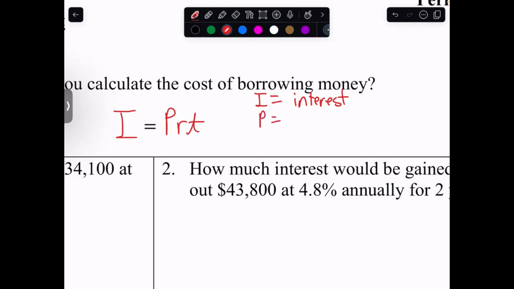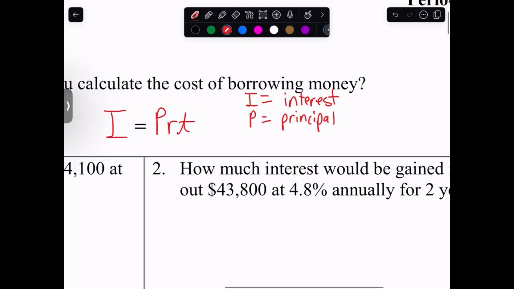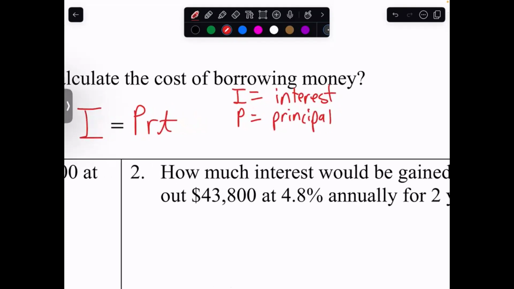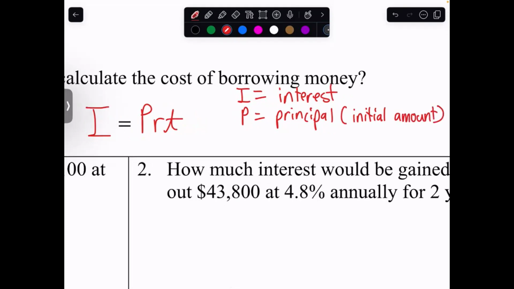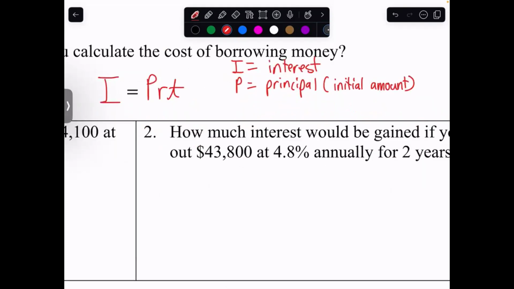Capital P represents what's called the principal. It's spelled like the school official, but in money terms, principal is the initial or starting amount. Lowercase r represents the interest rate.